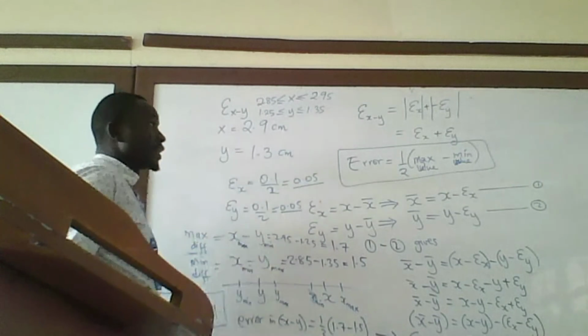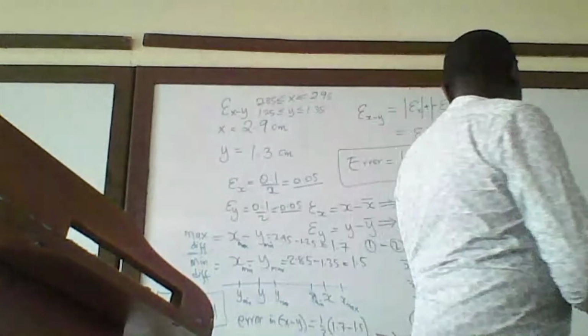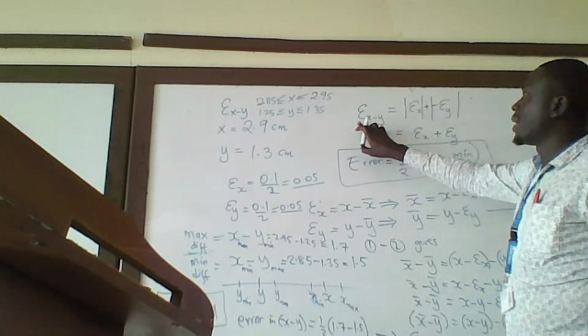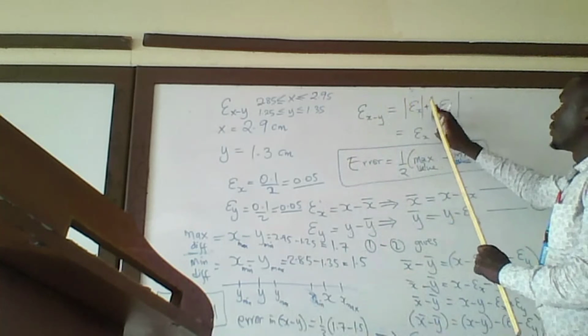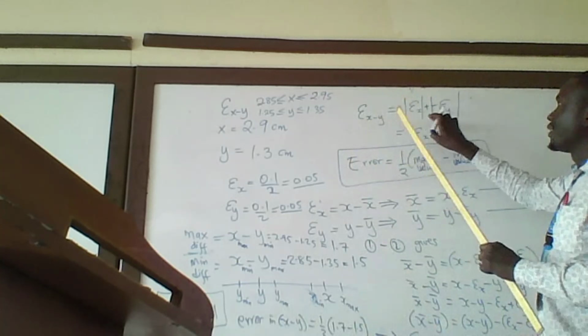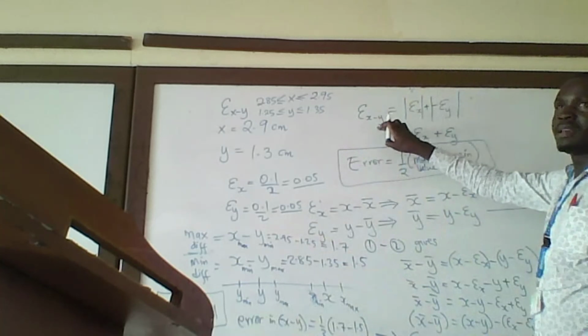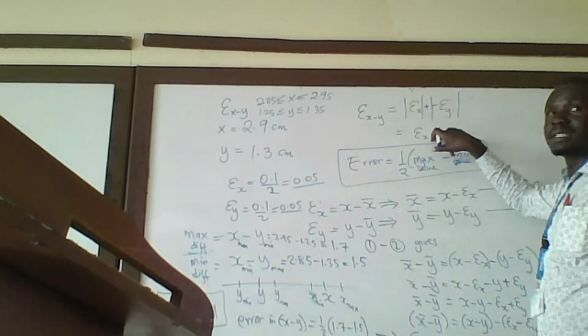So Irene, this is what I was saying. In this derivation here, a negative sign came in because of the computation, but in terms of the magnitude, because we are only dealing with error values, the minus is changing to plus.